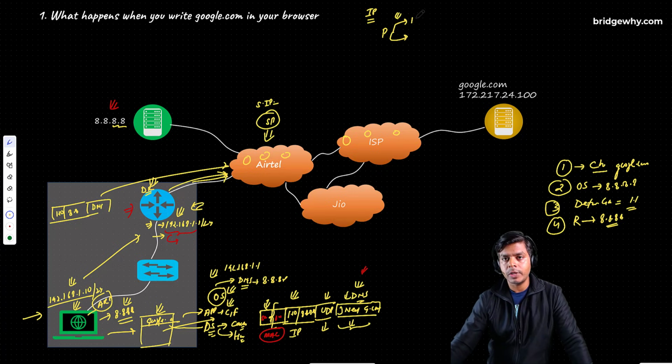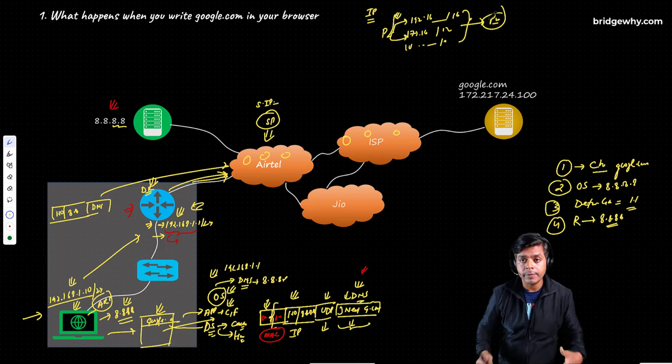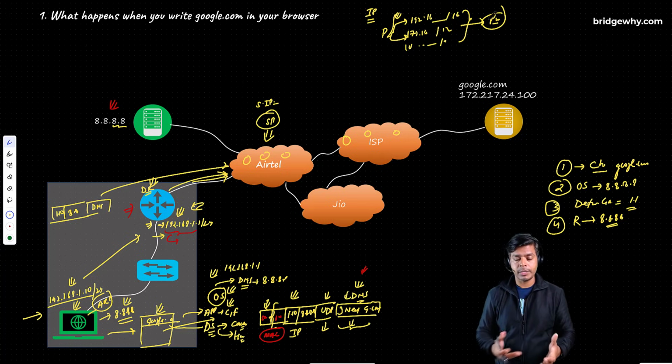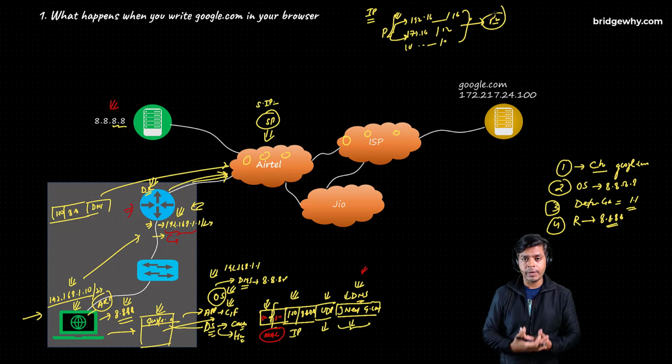The addresses which start from 192.168 along with some mask, maybe the mask is 16 here, then 172.16 slash 12 and 10 dot something slash 8. Just check about these. This is known as private addressing. Whenever service providers see a packet, doesn't matter source or destination, when it sees a private address, it is going to drop it.